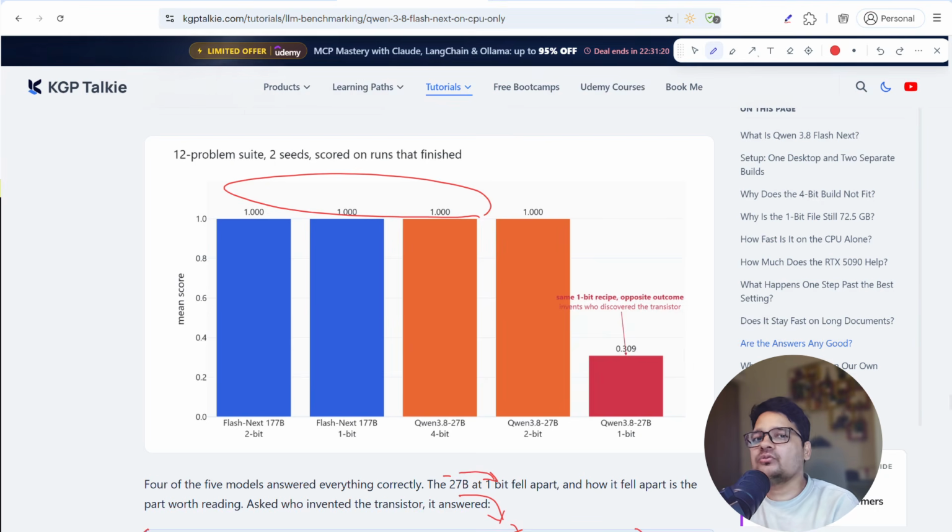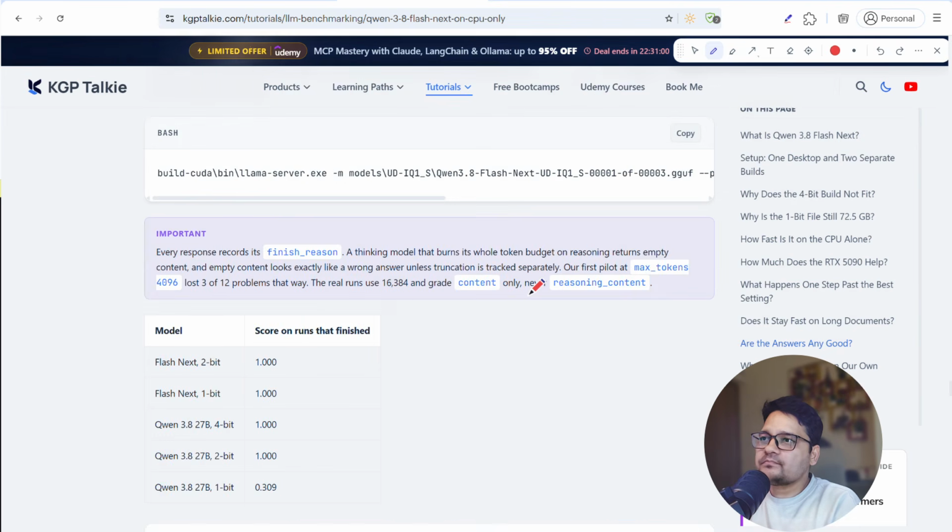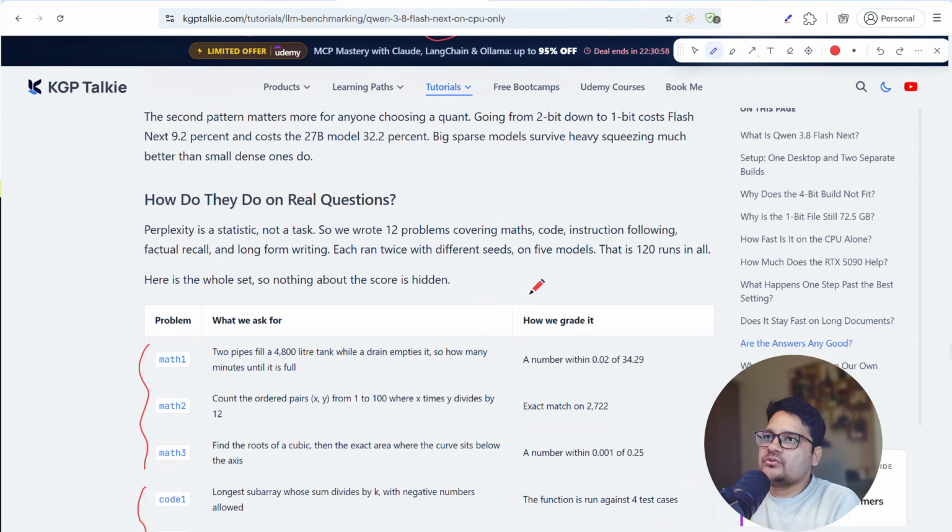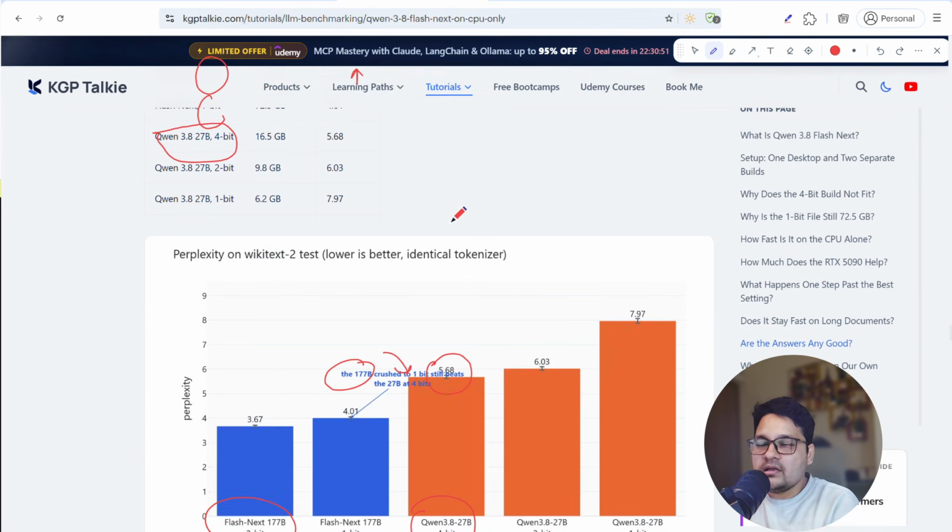Apart from that, I also wanted to understand how I can increase the token generation speed by offloading some part of the model into the GPU. All those things I have tested in this benchmarking tutorial, and the link for this tutorial is available on kgptalkie.com, and also in this video description.